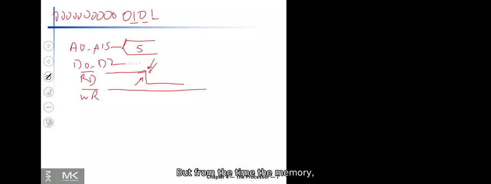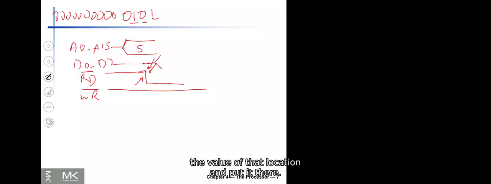But from the time that the read goes low, the memory starts to bring the value of that location and put it there. For example, let's say in location 5 of the memory, we have a value of 20.